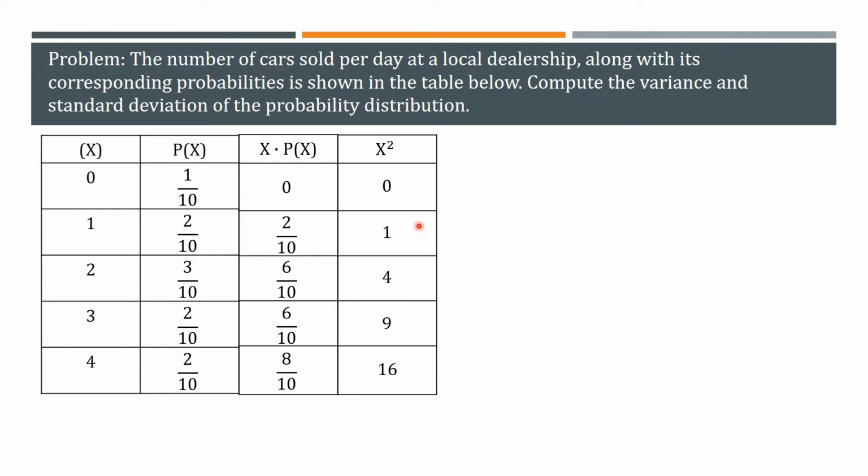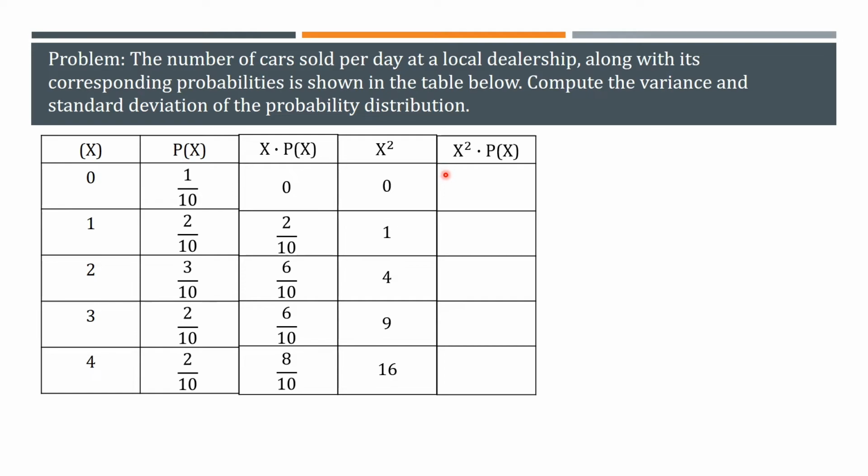Next, we will add another column. On our fifth column, we have x squared times p of x. Try to look at our fifth column, we need to multiply the results on our fourth column to its probabilities on the second column. So 1 over 10 times 0, that is 0. Next, 1 times 2 over 10, that is 2 over 10.